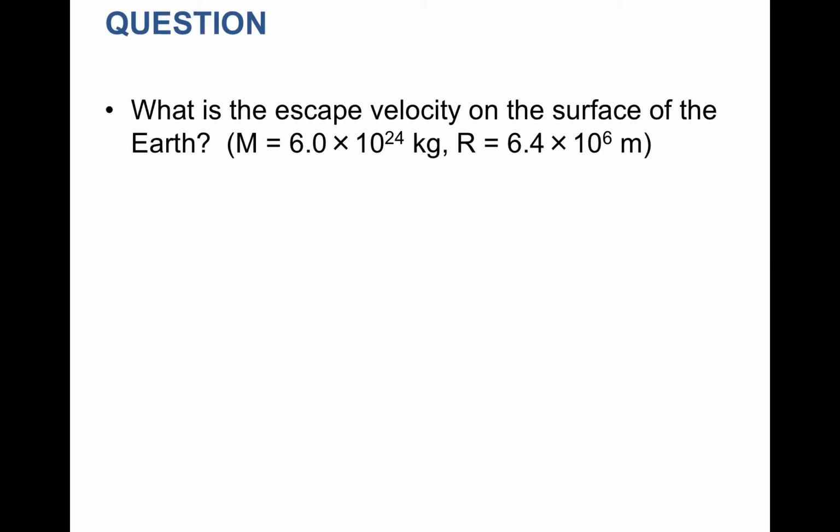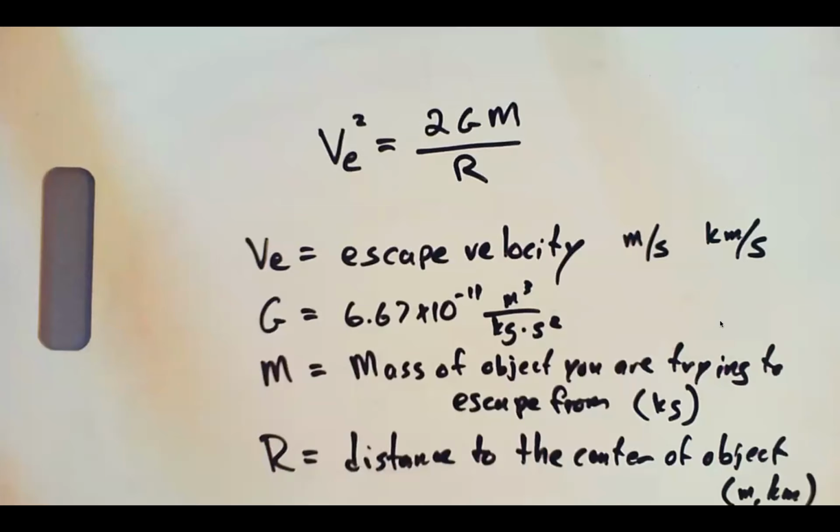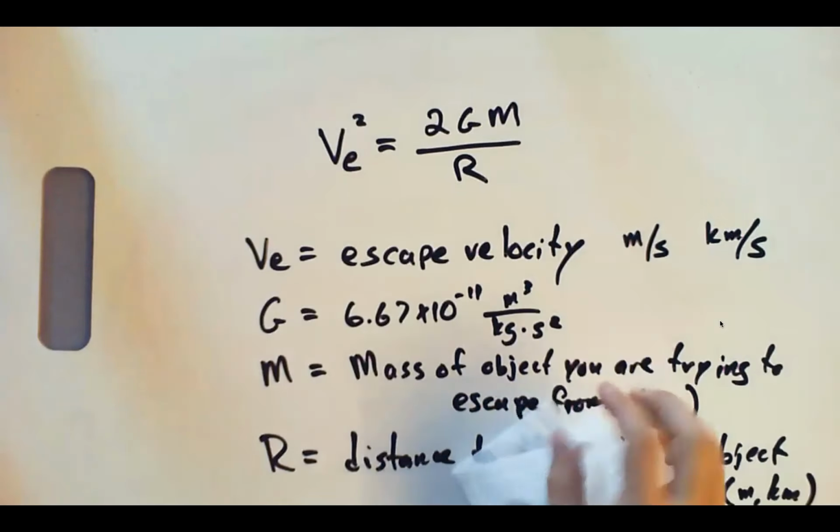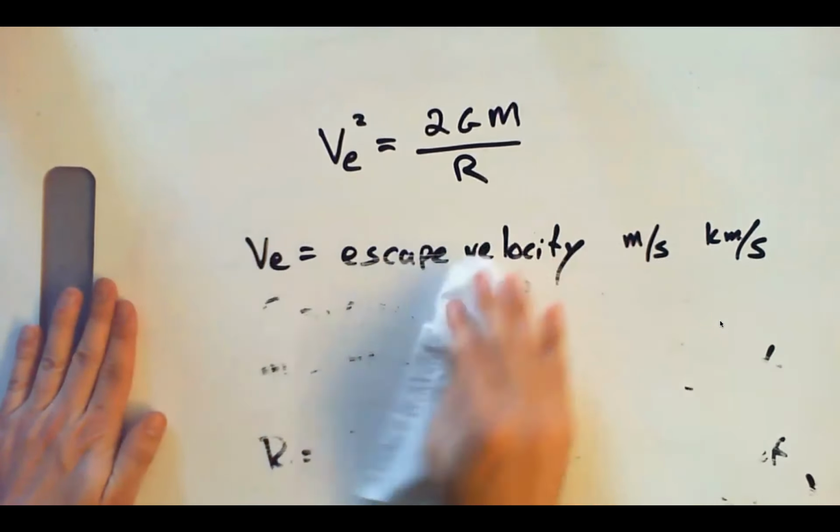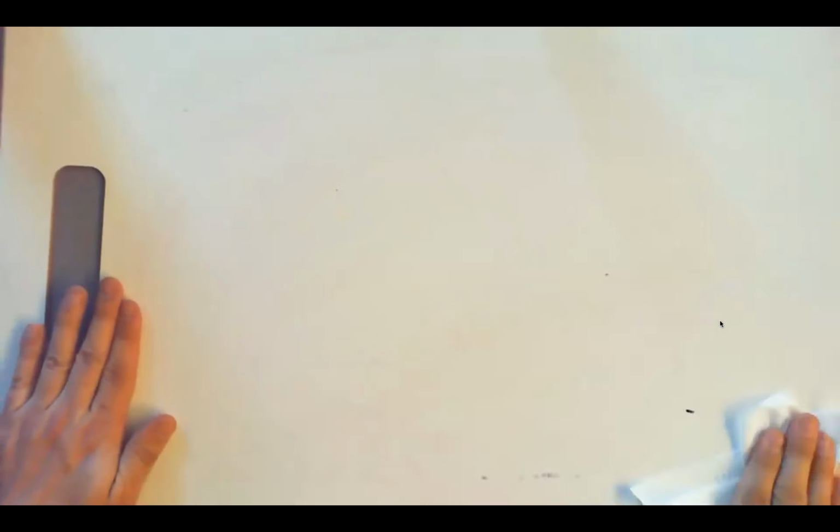Let's calculate the escape velocity from the surface of the Earth. Okay, let's go back to our whiteboard. Let us erase all the stuff that was on there before, and let's try this equation out for size.